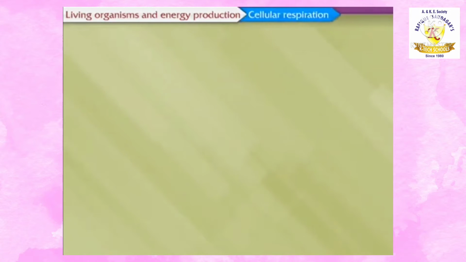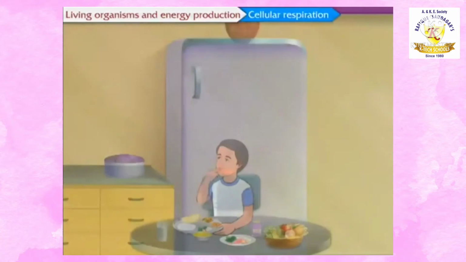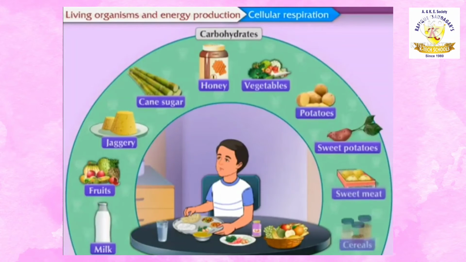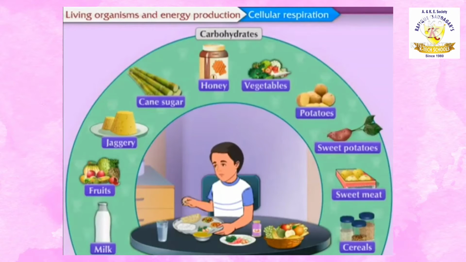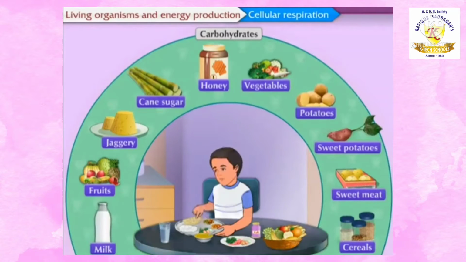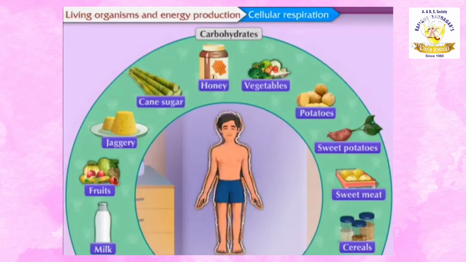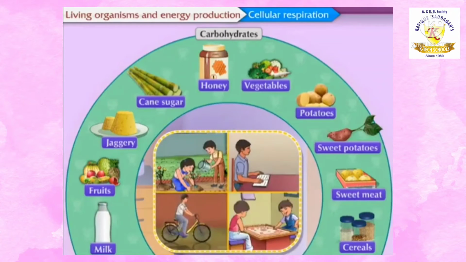So, children, cellular respiration. Carbohydrates of the food that we consume every day are mainly utilized for the production of energy required for daily need, isn't it?